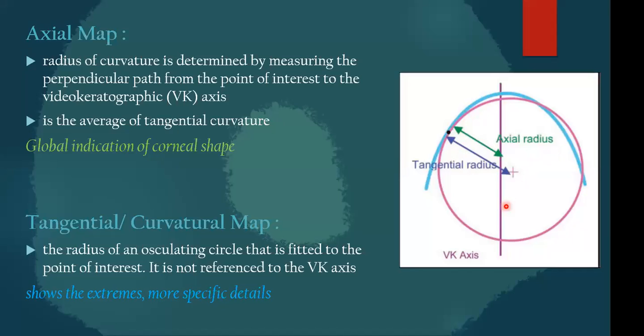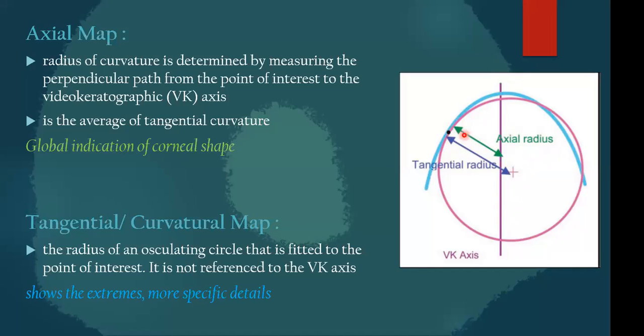So it is not in relation to this central video keratographic axis, which is stable. Hence, it shows the extremes, it shows subtle changes, and it is a more specific indicator of the curvature of the cornea at various points.